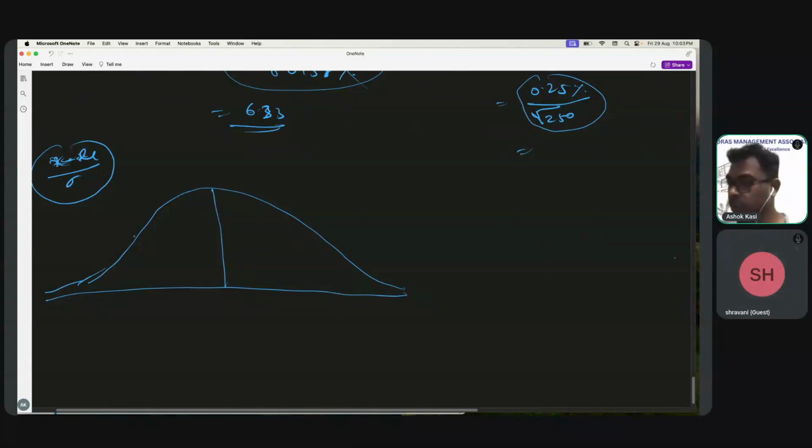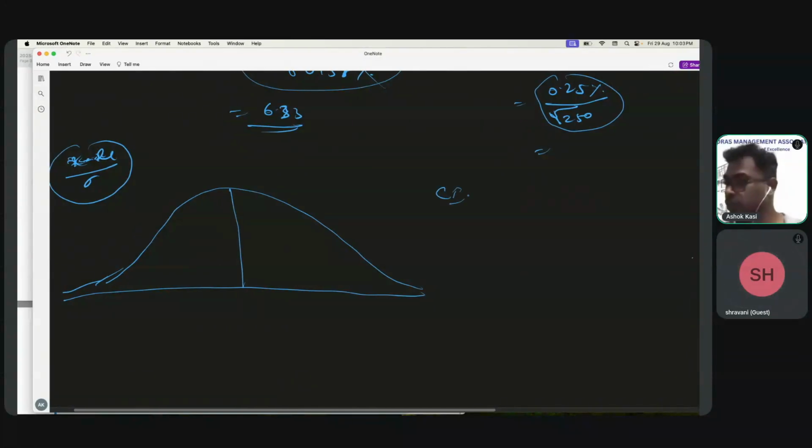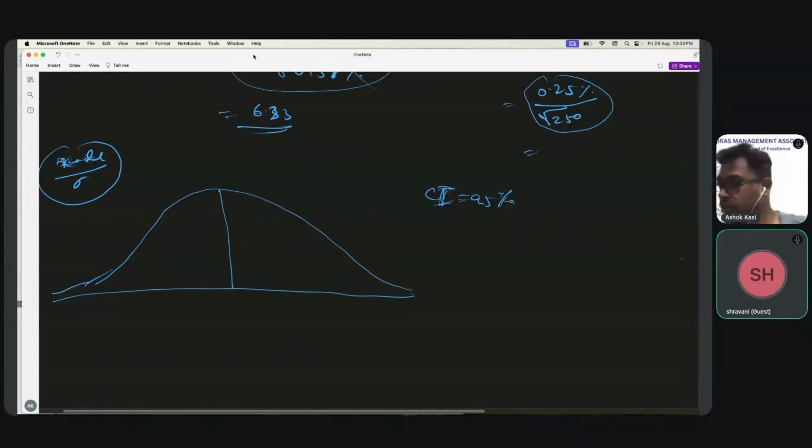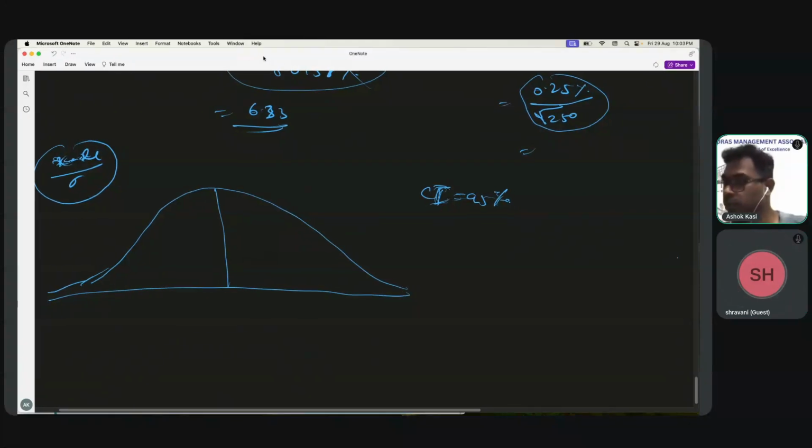Remember the critical value we are using. If nothing is mentioned, we are doing it with a confidence interval of 95%. That means 5% you are giving as your liberty, kind of thing.